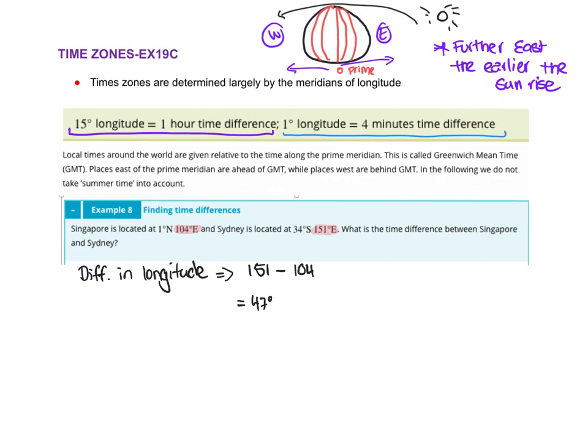If there's a 47 degree difference, what we do is divide the 47 by 15, and that will tell us how many hours difference it is. So 47 divided by 15, we get 3.1.